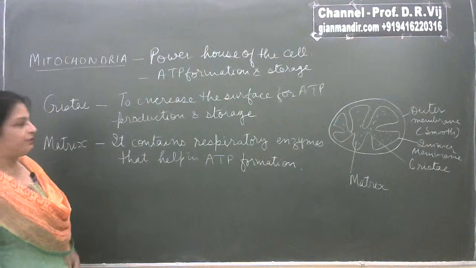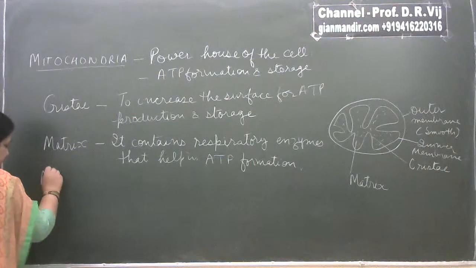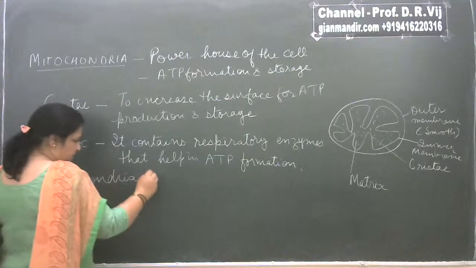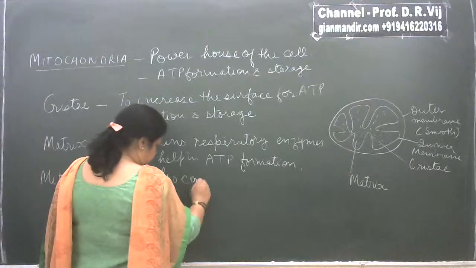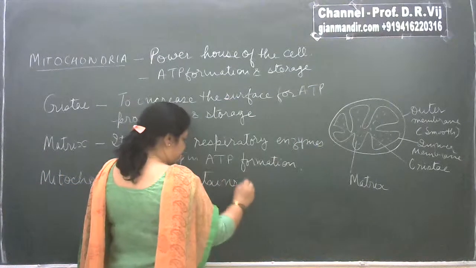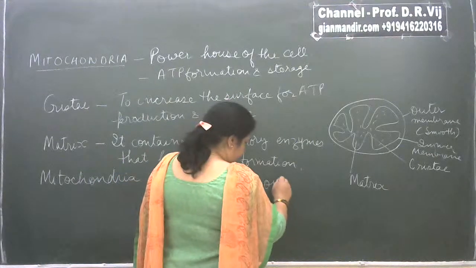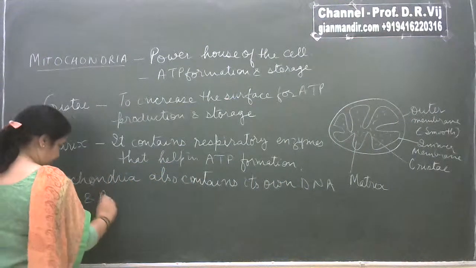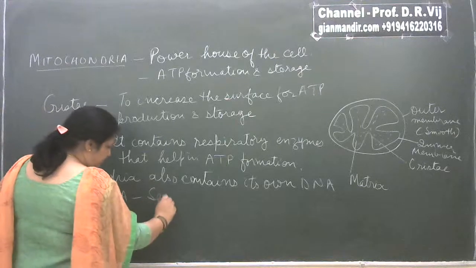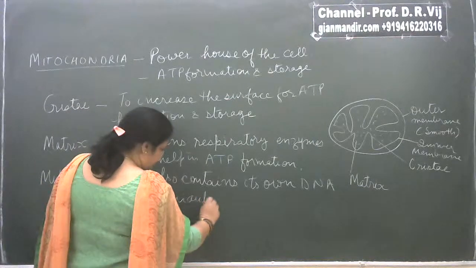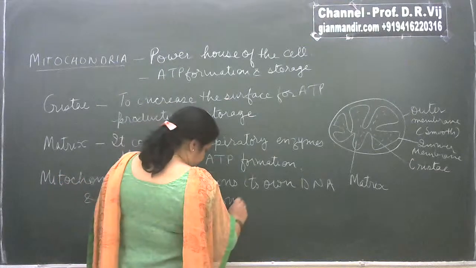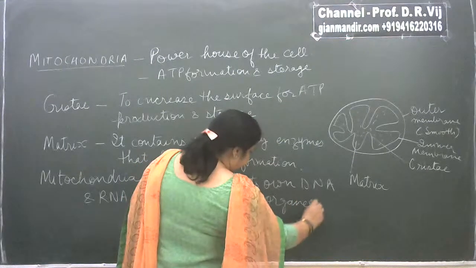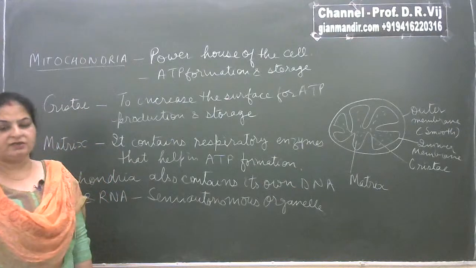That is the function of the matrix. Other than that, mitochondria also contains its own DNA and RNA, and that's why it is also known as a semi-autonomous body, or semi-autonomous cell organelle, that is partially dependent on its own. That's why it is known as semi-autonomous.